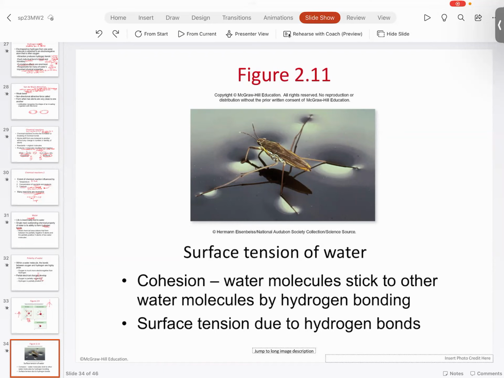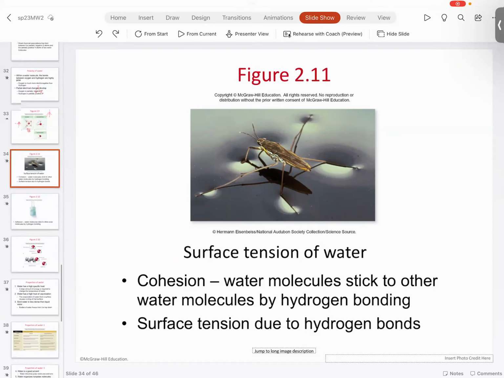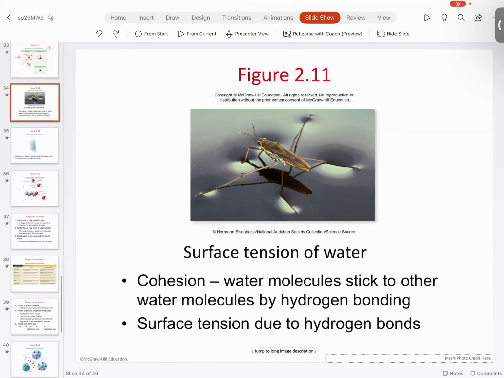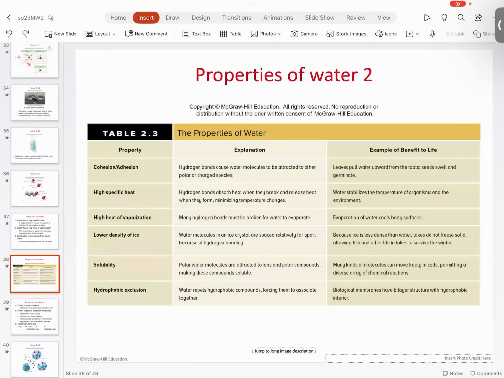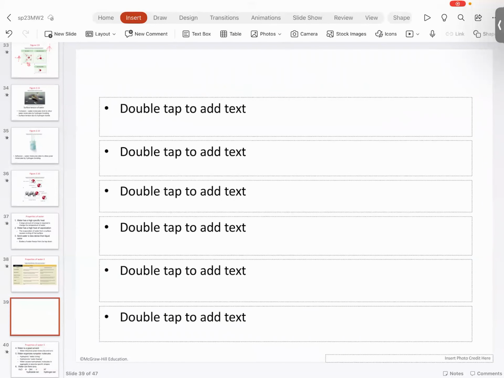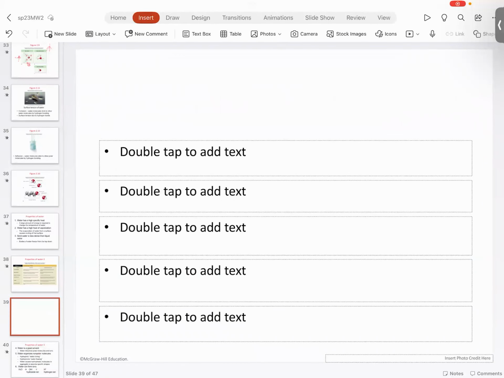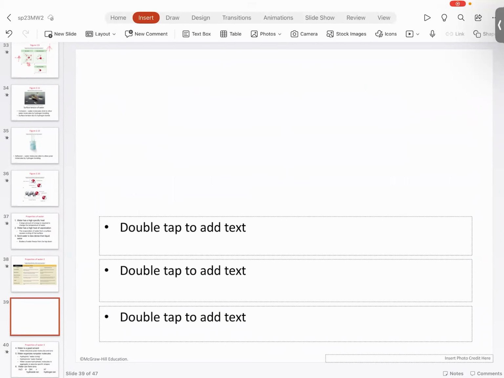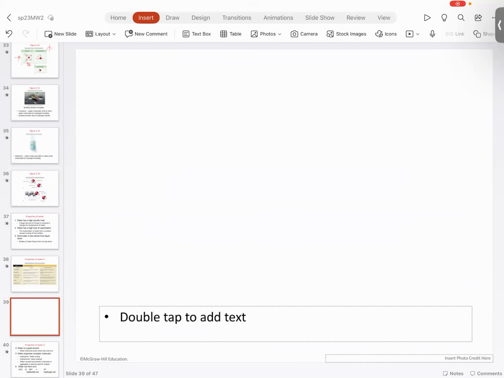Now, for the properties of water, the one thing to always remember, and I want to add a slide, so I'm going to add that now, and we'll go back and forth with it, because I like to keep it all in one place. All the properties that we're going to be taking a look at are given to us by the simple structure of water. It's a fairly simple molecule: 1 oxygen, 2 hydrogens.